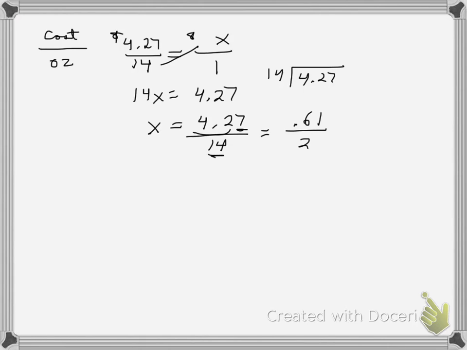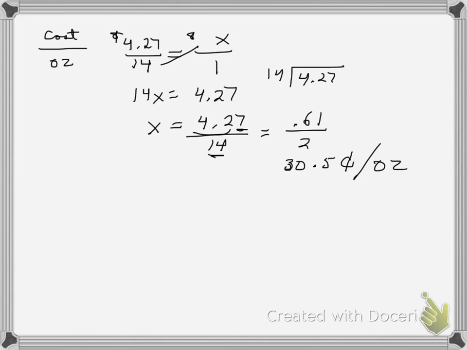Half of 61 is 30.5. So it would be 30.5 cents, or 0.305, 30.5 cents per ounce. Okay. So go ahead and just do those ones in the blue box on top mentally, and then let's go on to the next concept.